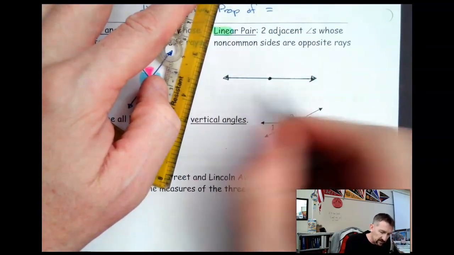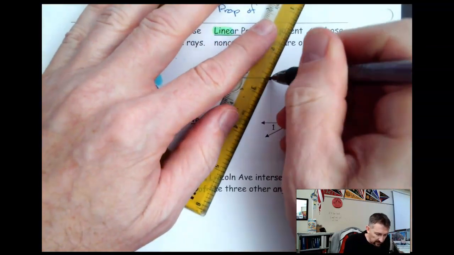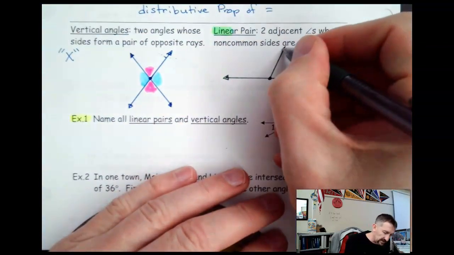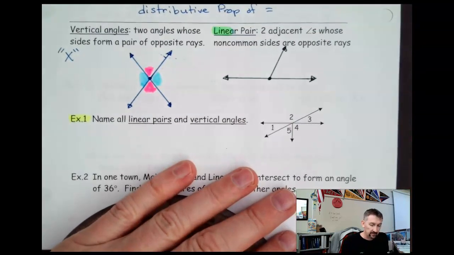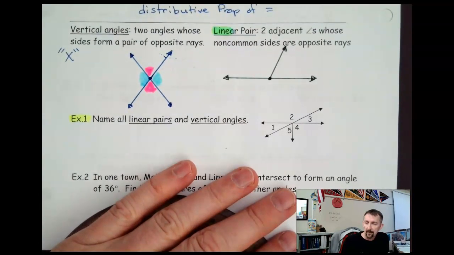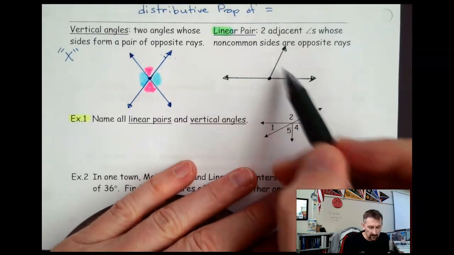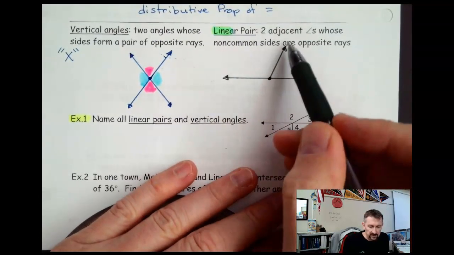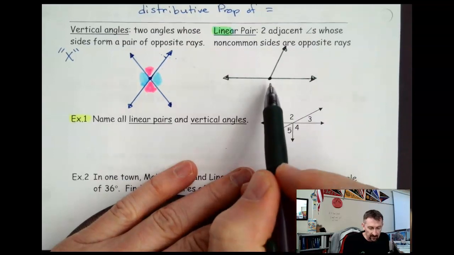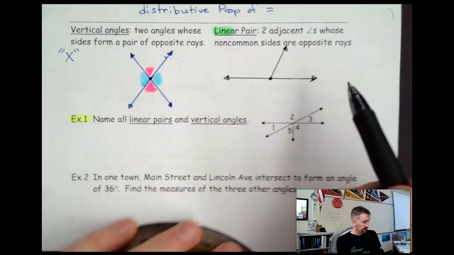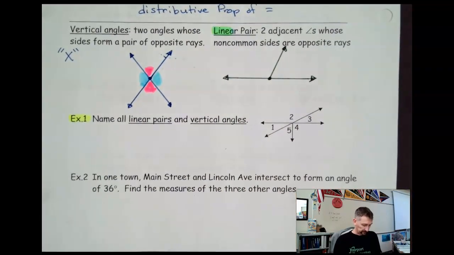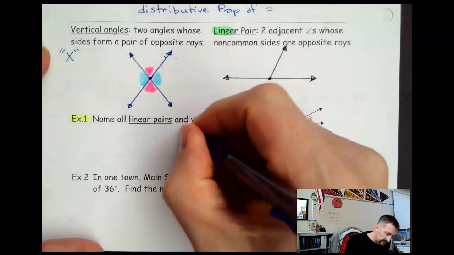So you have opposite rays, and then you have two adjacent angles. So that's a linear pair. Two angles that are right next to each other, they share one side, and then their other sides are opposite rays.